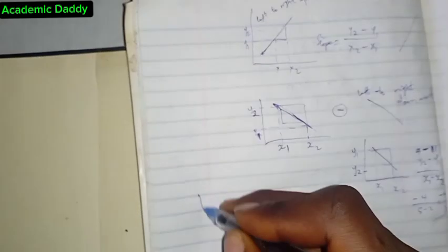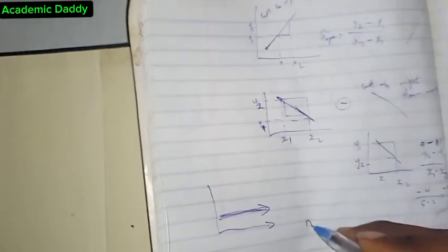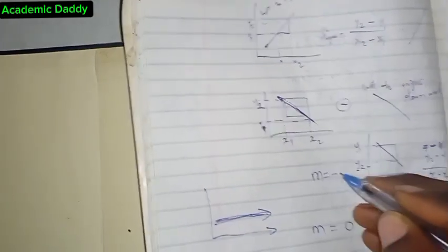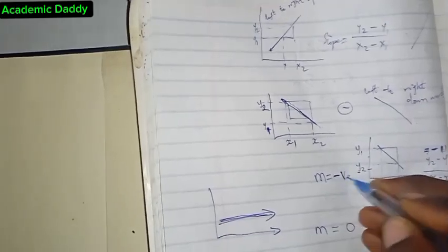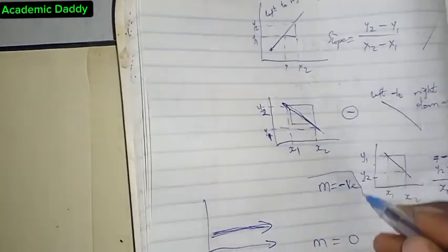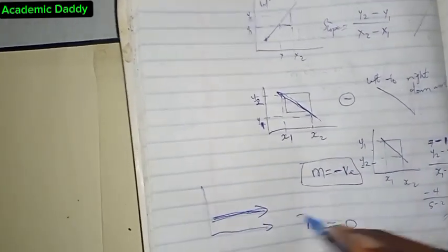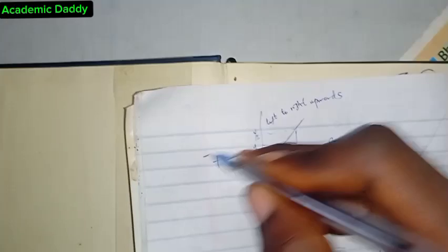Then another example I want to show, another instance is if I have my slope pointing this way, that is horizontally, we say that the slope m is equals to 0. So for this type of graph, we say that slope m is negative, or you say minus 1. So if it's horizontal, I say it is 0, the slope is 0. So I said if the line of best fit is moving left to right upwards, we say it's a positive slope.